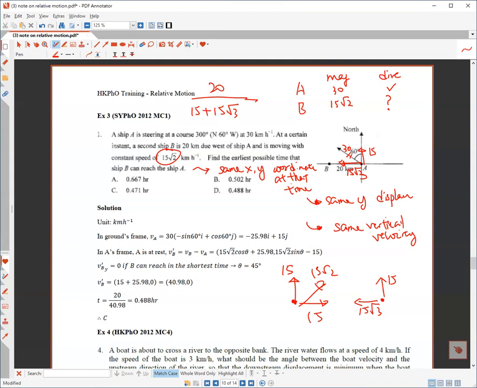You just add these two together and then divide 20 by the relative velocity. Then you can get the time. Somehow we still use the concept of independence of horizontal and vertical motion in this question. And I think this method is simpler than this solution and more trivial.